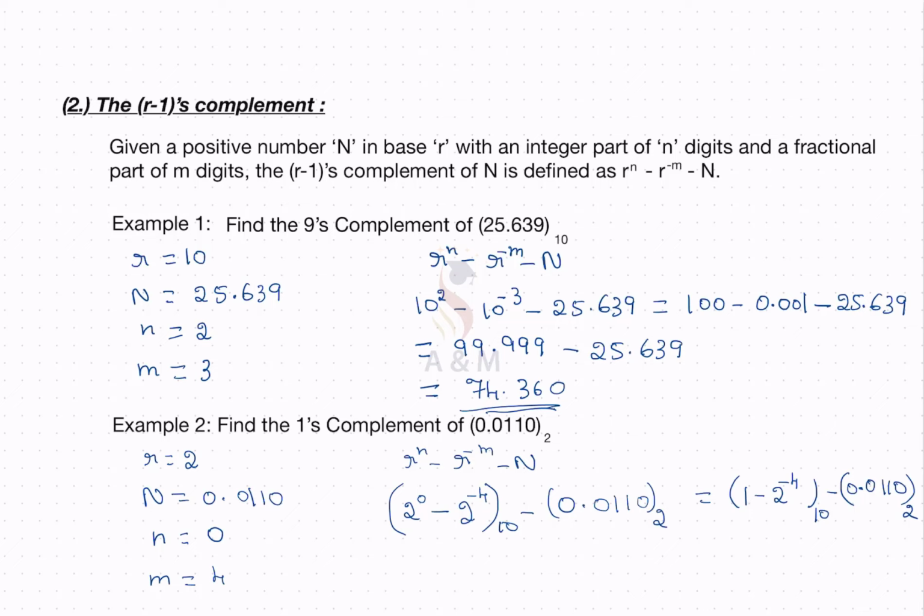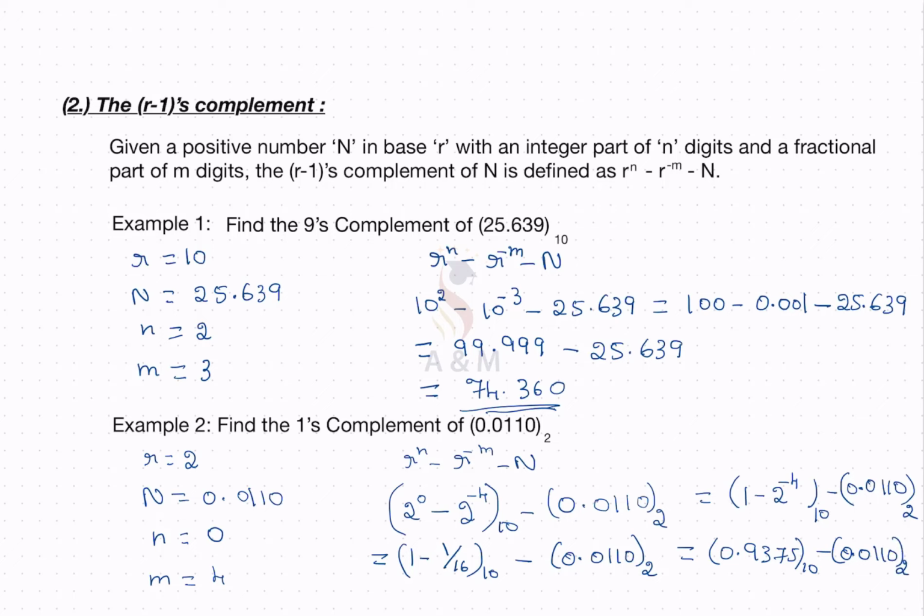Which is equal to 1 minus 1 by 16 to the base 10 minus 0.0110 to the base 2, which is equal to 0.9375 to the base 10 minus 0.0110 to the base 2.